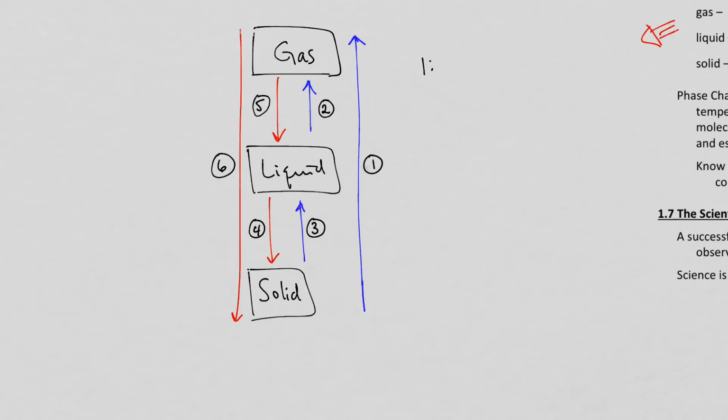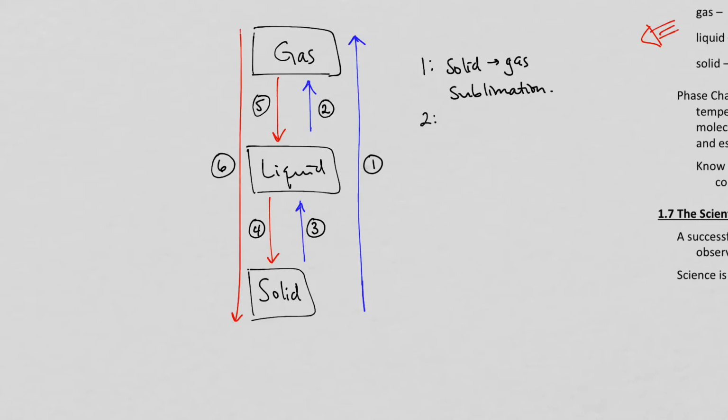So number 1 is going from a solid to a gas, so it doesn't pass through liquid phase. It just turns into a gas right off the solid. If you have dry ice and you leave it out, you'll actually see a little bit of what looks like smoke, but it's really just carbon dioxide coming off. So solid to gas is called sublimation.